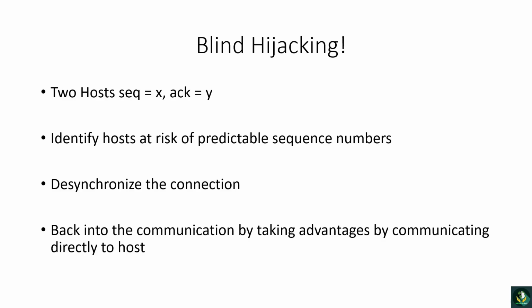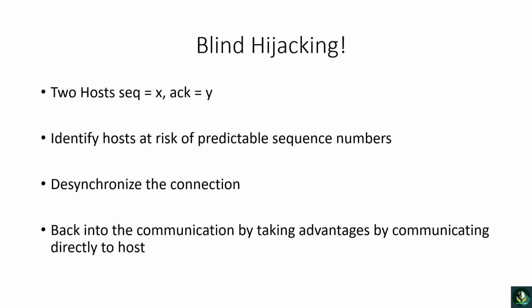This is all dependent on the attacker's ability to predict the sequence numbers, and since it's blind and they cannot sniff the existing traffic, they have to derive them by other means. The attacker may specifically look for a host running a version of the operating system known to produce predictable sequence numbers.